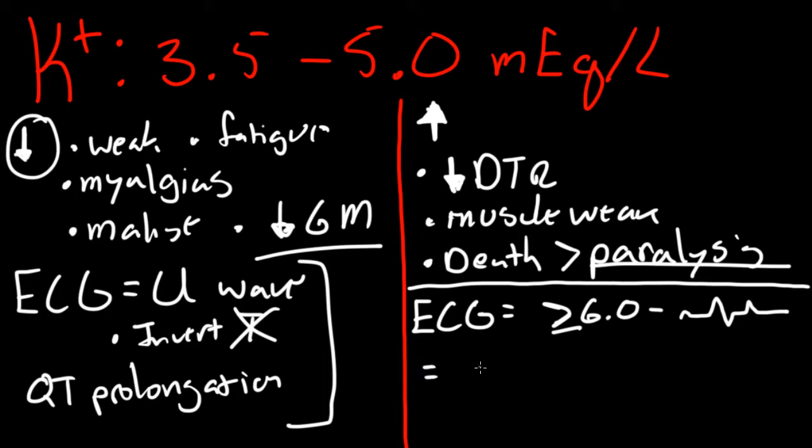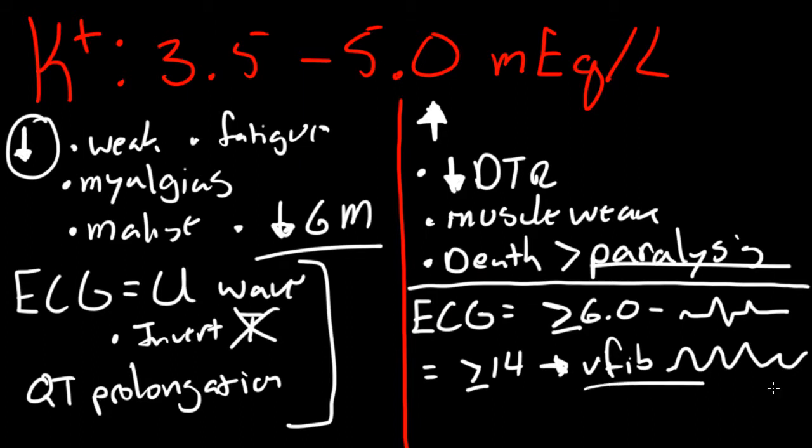Later on, in more severe states, and a lot of literature states greater than or equal to 14, though it could happen at 12 or 13 or whatever, you'll see VFib or a sinusoidal, non-pulsatile, or non-life-sustaining ventricular tachycardia, okay? So keep an eye on that with your kidney patients, which are a lot of your ICU patients with RTA or just general end-stage renal disease and things like that. All right, that's potassium really quickly.